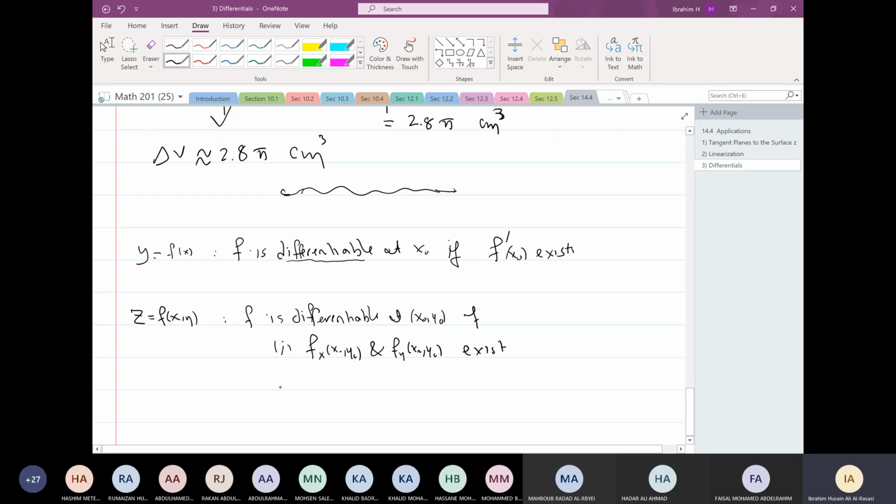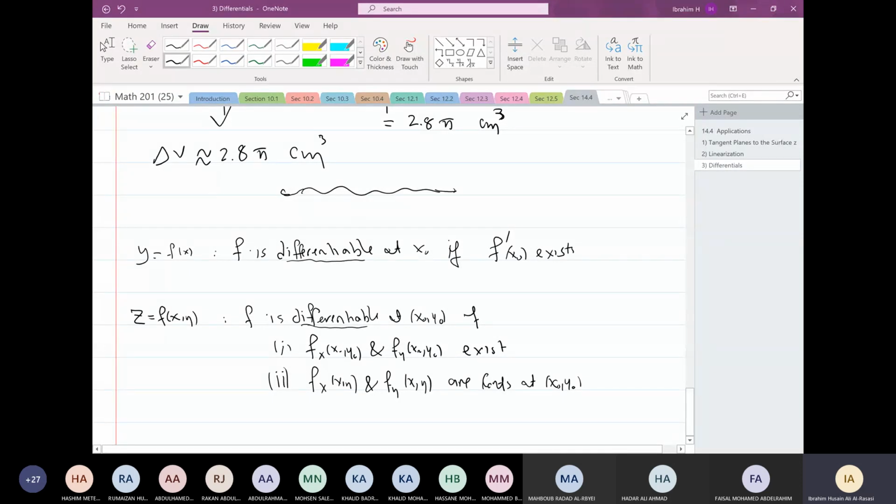But in Math 201, for functions of two variables, there is a little complication. It is not enough for this to be the definition. The definition adds an extra condition: we have to check that f sub x and f sub y are continuous at x0, y0.